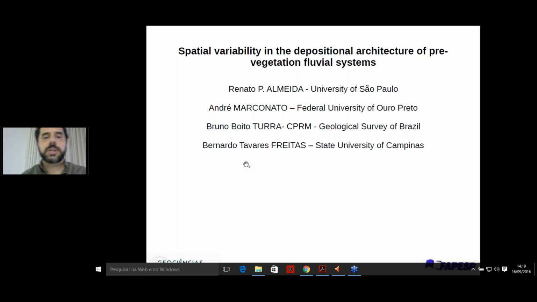Today we want to discuss with you a little bit of the spatial variability in the depositional architecture of some of the pre-vegetation systems we have been working with here in Brazil.